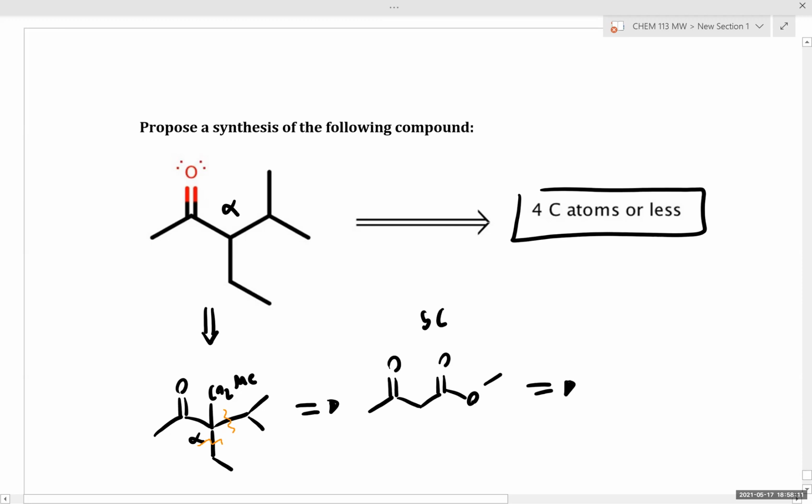So how do we get to 4 carbons? Can we trace this back to an even simpler starting material? Is there an even simpler starting material that we can use? What's one way for us to get rid of a carbon here? Is there an easy way for us to get rid of a carbon?